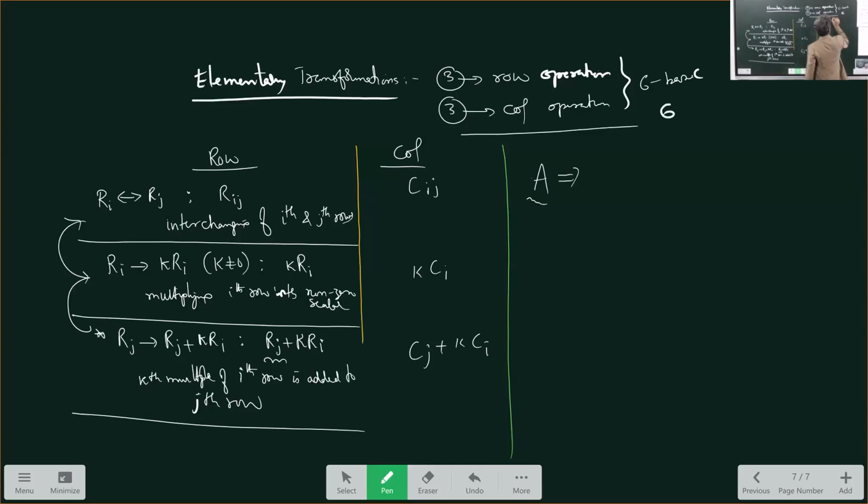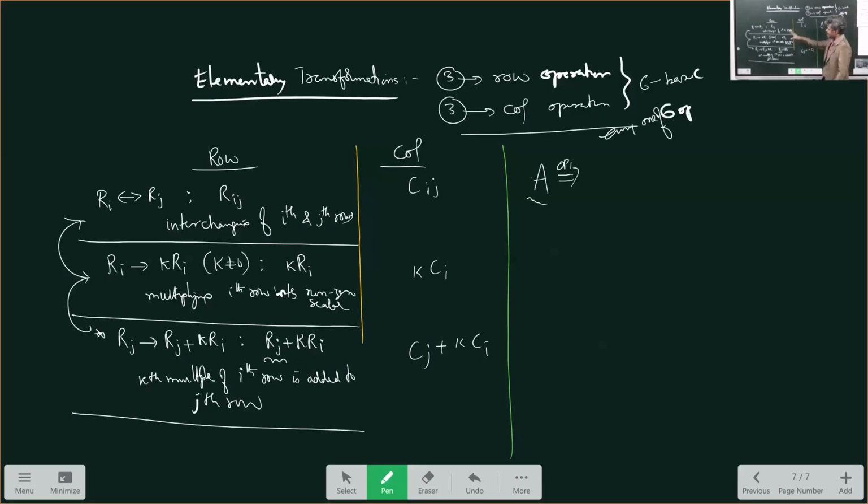So I'm saying that operation 1 is applied. What is that operation 1?